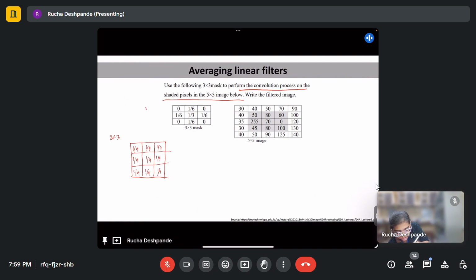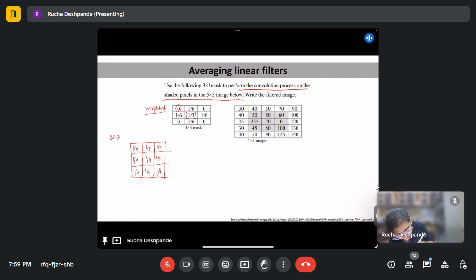In this case, this is a weighted mask. Here the central pixel is getting more weightage, so it would control the output value more than its surrounding neighboring pixels.